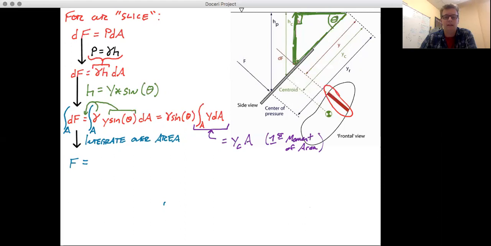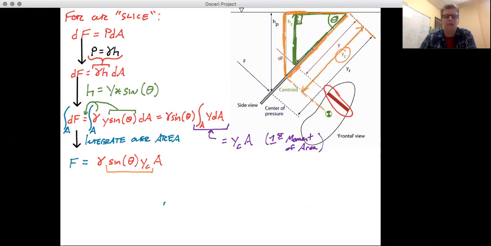And basically that's y at the centroid times the total area. And so we can go ahead and make that substitution back in. So our equation looks like this now. So we've gotten rid of our integration. We've integrated this over the entire surface.